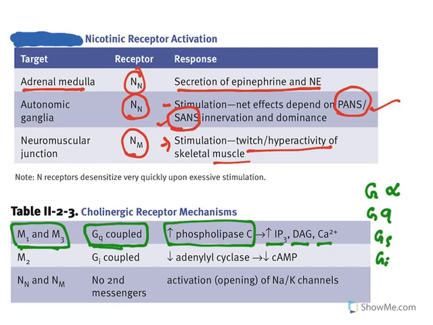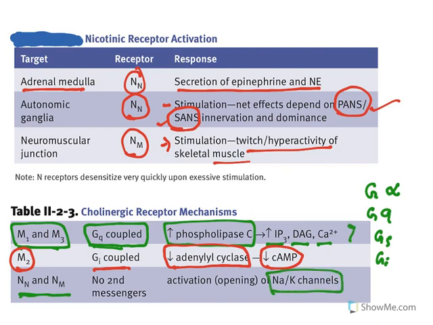All of them are second messengers. Whereas M2, the even-numbered one, is related to Gi, which inhibits or reduces adenylate cyclase activity and reduces cyclic AMP. Whereas nicotinic, neuronal and muscular, are related to sodium potassium channels. So muscarinic is a G protein coupled receptor, whereas nicotinic is an ion channel one.